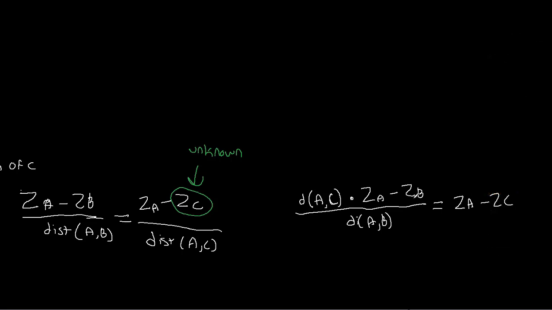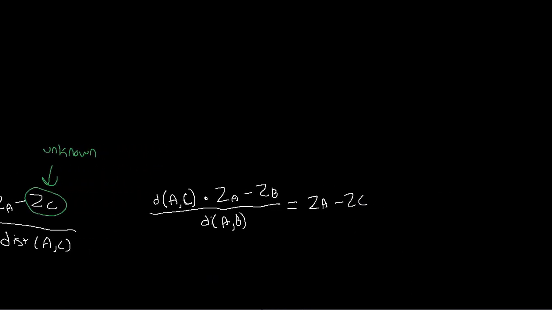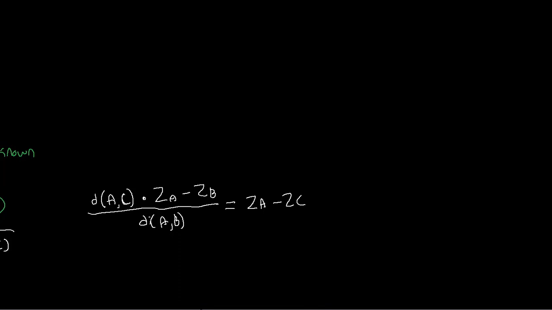Again, these are just the values. This is the value of A. This is the value of C. Now we subtract ZA from both sides. Again, I'm just doing basic algebra here.